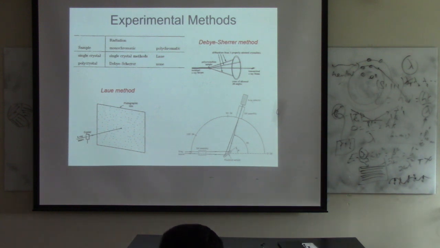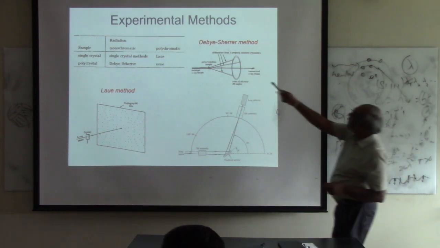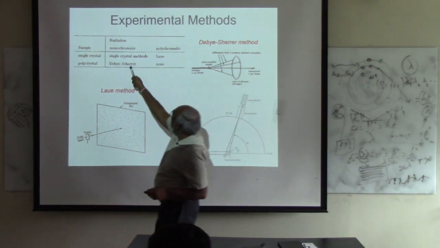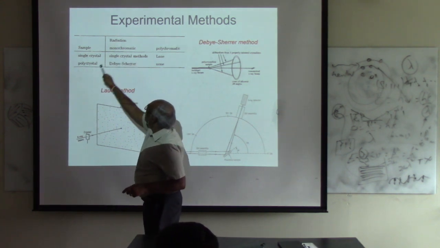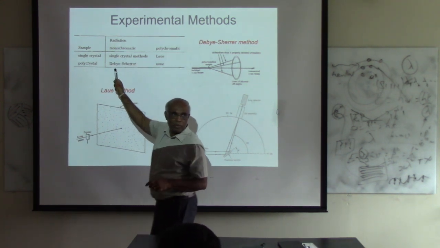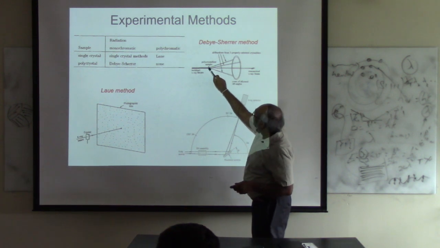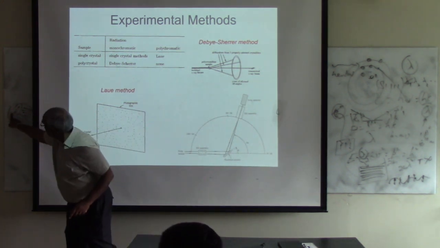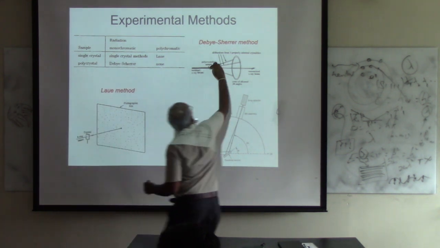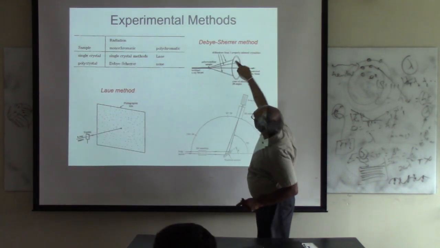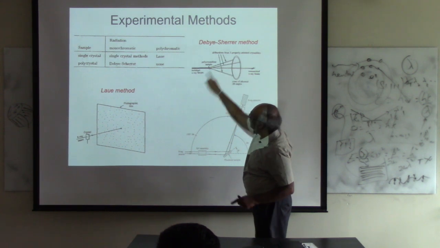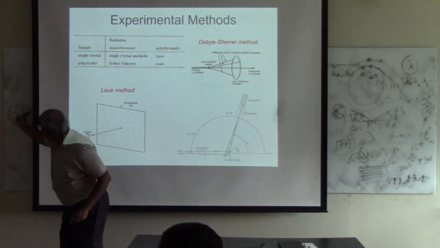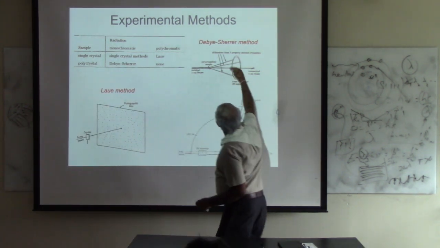So then Debye-Scherrer, that means you are using single-wavelength radiation, but you are looking at polycrystalline samples. So that means from this one you get this kind of cone here. Then from the other part you get another ring like that.